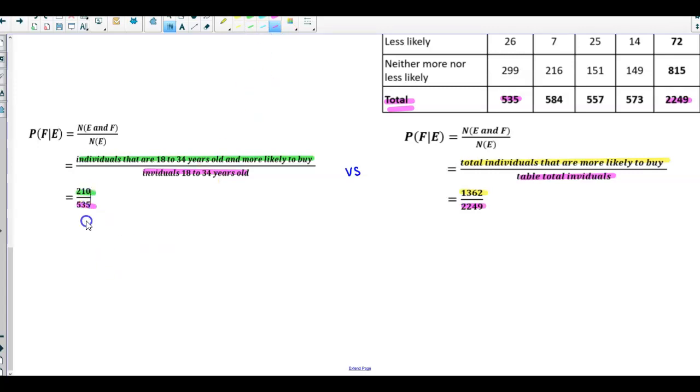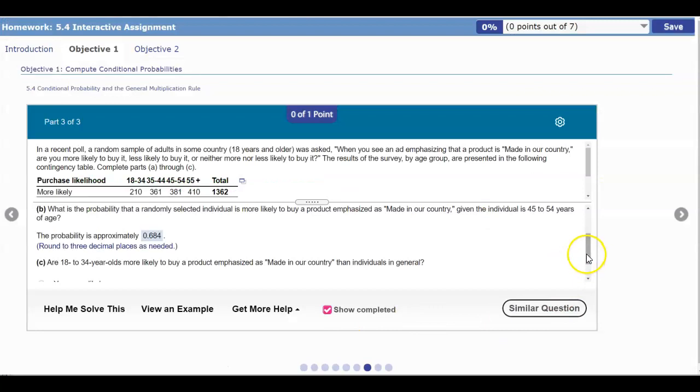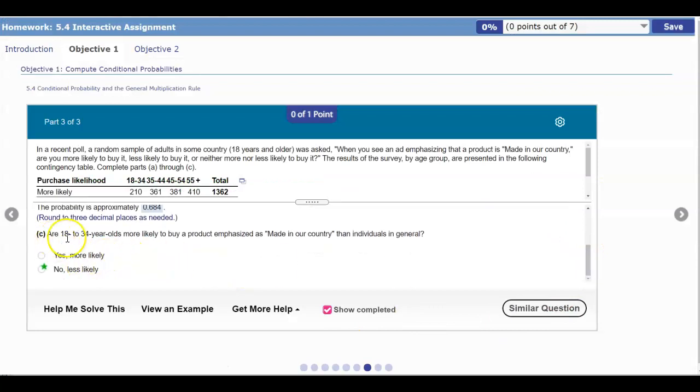When we find the probability of the first one, we get 0.392, and the other is 0.606. So people in general are more likely to buy than the individuals who are 18 to 34 years old, because that probability is 0.39. Technically, this is 39.2% compared to 60.6%. So we would say no, 18 to 34-year-olds are not, so it's no, less likely.